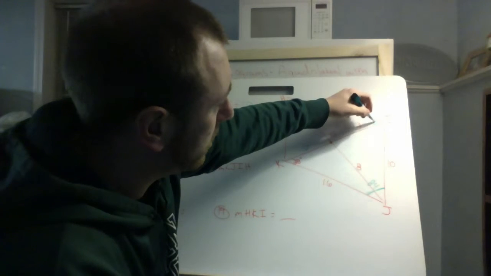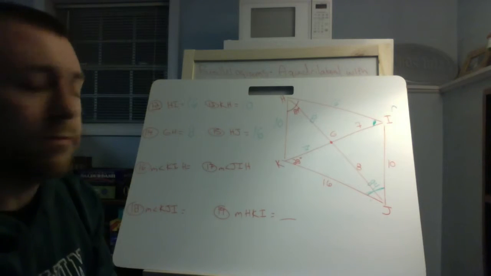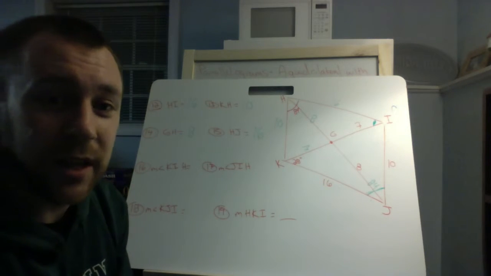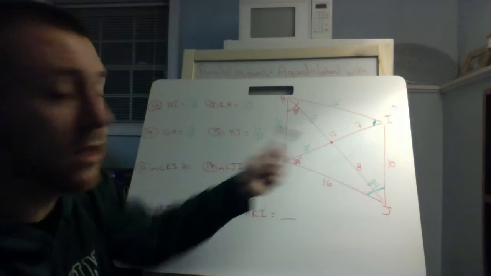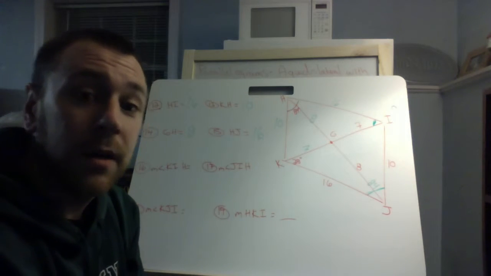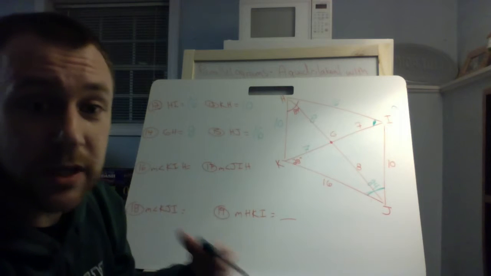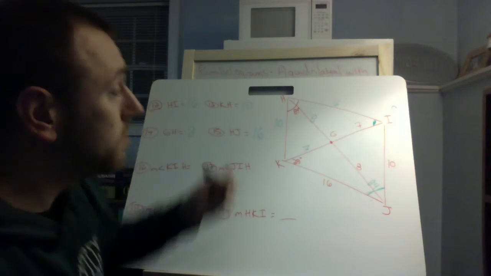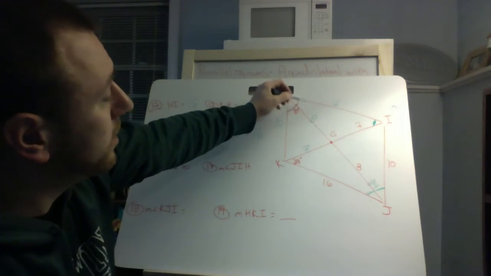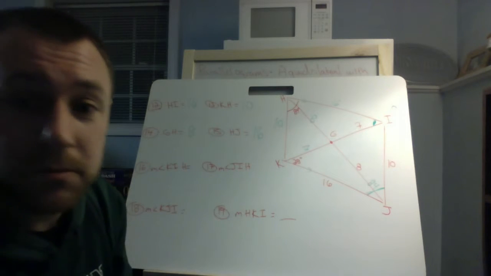This angle up here. Well, here's the thing. The definition of a parallelogram means that it's 2 sets of parallel sides, which means I've got a set up here and a set down here that are parallel.